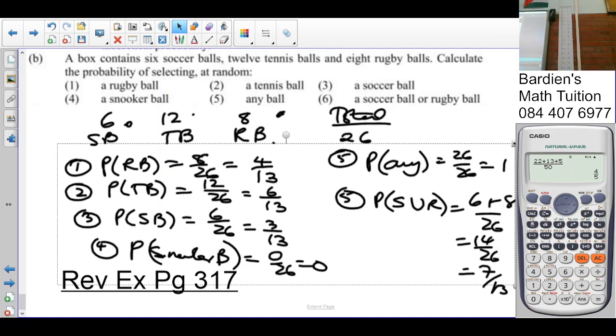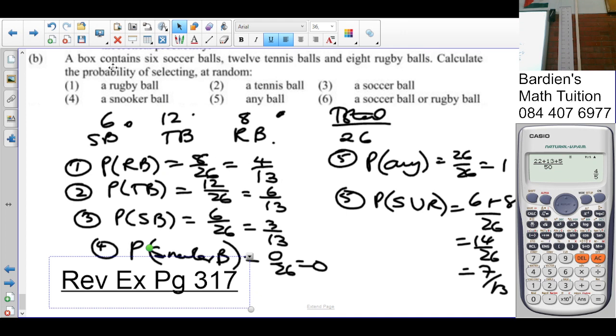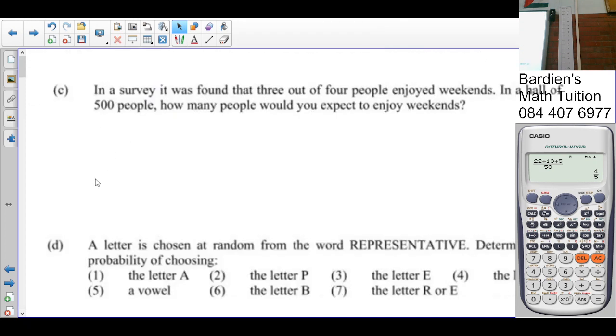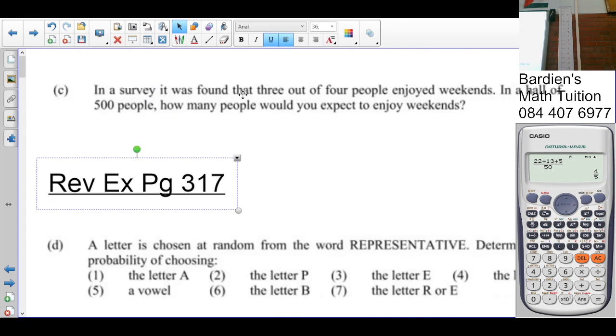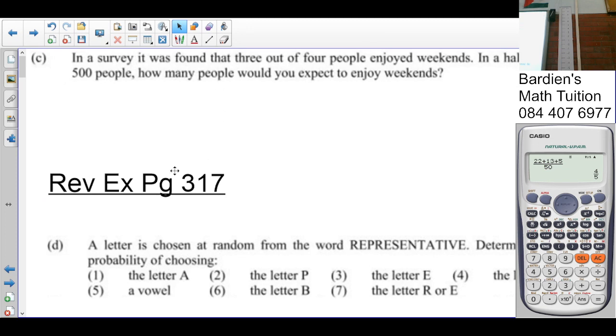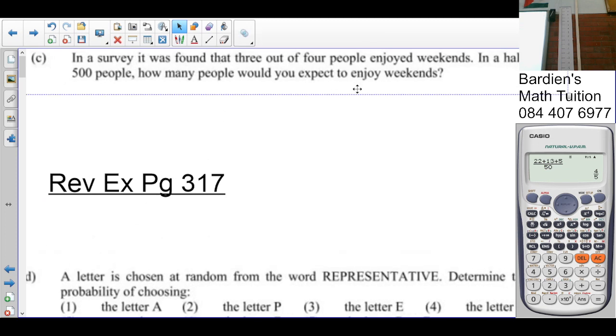Okay, sorry about that. So at this point, we're looking at number C. In a survey it was found that 3 out of 4 people enjoyed weekends.